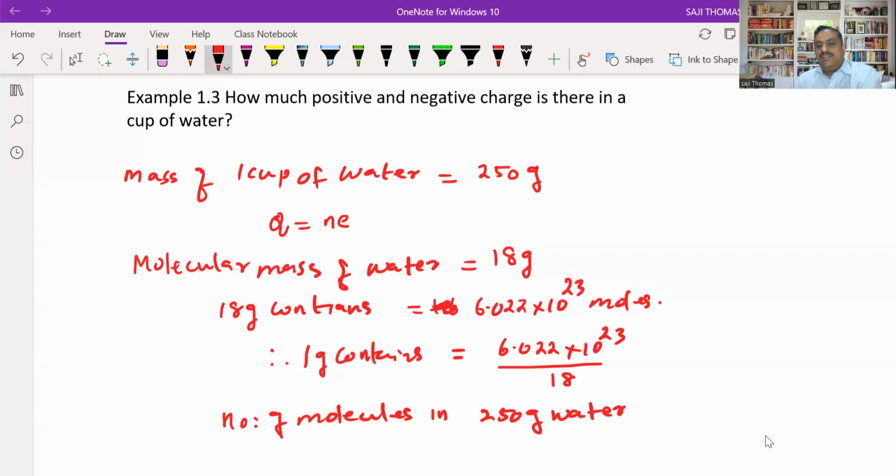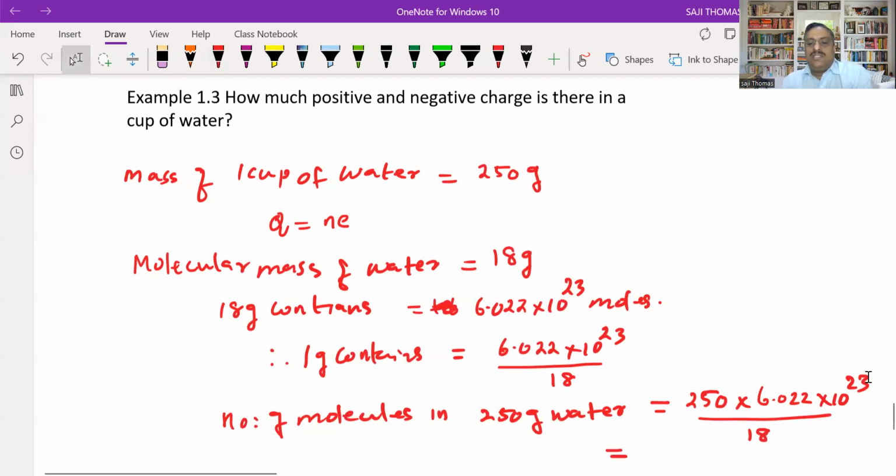How will you find out? You have to multiply 250 into 6.022 into 10 raised to 23 divided by 18. This will be the number of molecules in 250 grams of water.